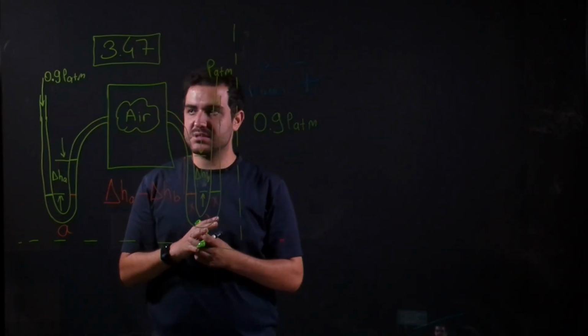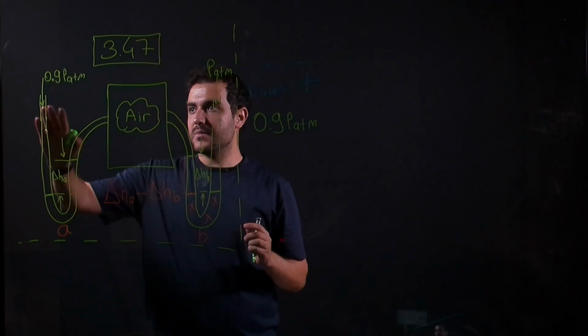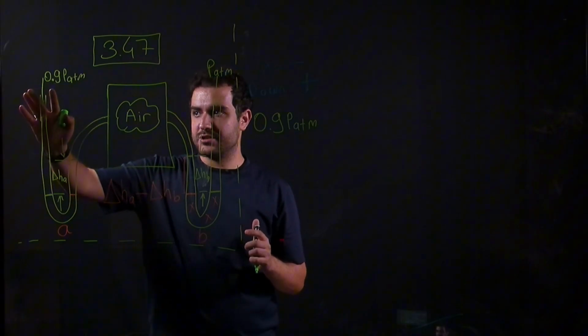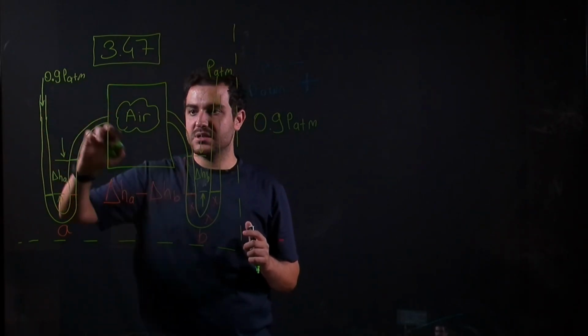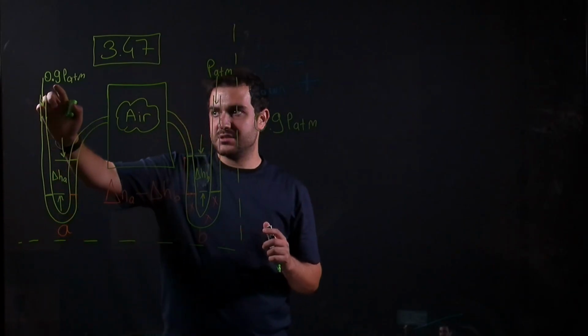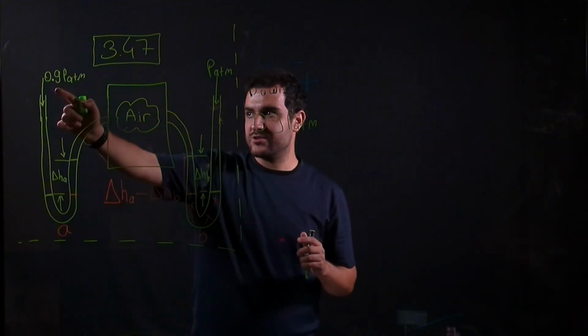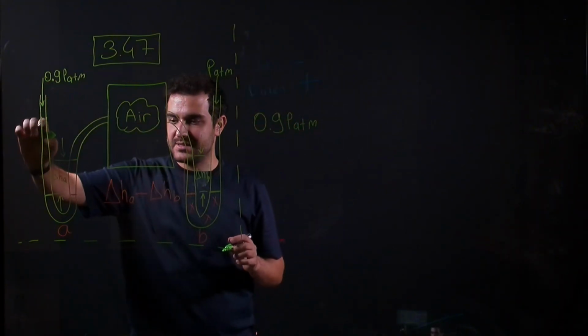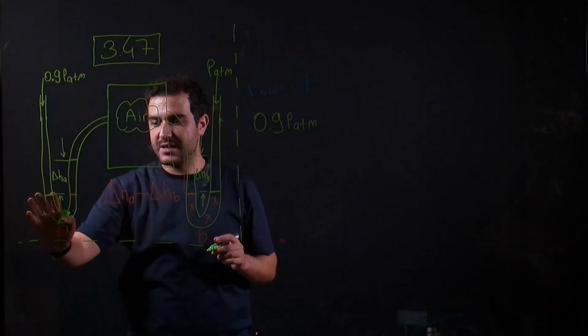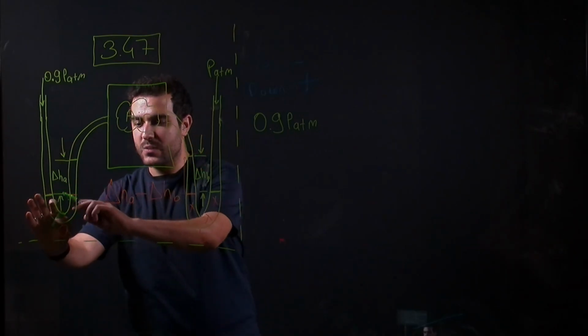And if you remember, in the previous question we were assuming pressure is 0 if they are open to atmosphere, but this time absolute pressures are given, so we need to stick with these values. So we have 0.9, and this pressure is affecting until this line, and after this line we have water.